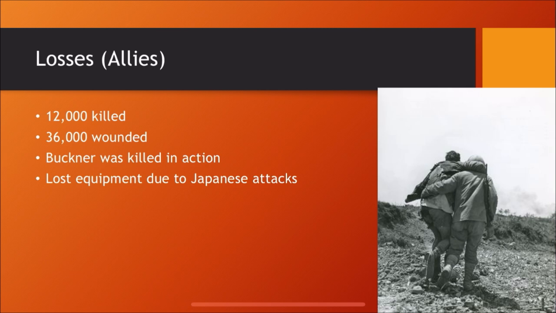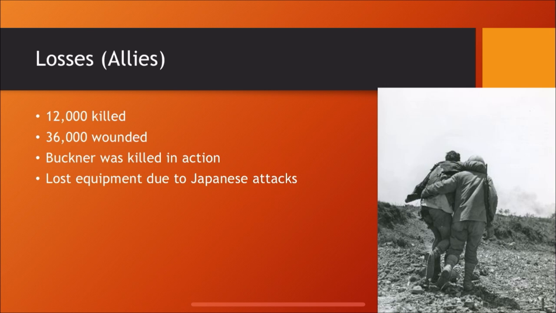The brutality of the Battle of Okinawa caused many losses from both sides. The Allies, although they won the battle, still suffered a large number of casualties.